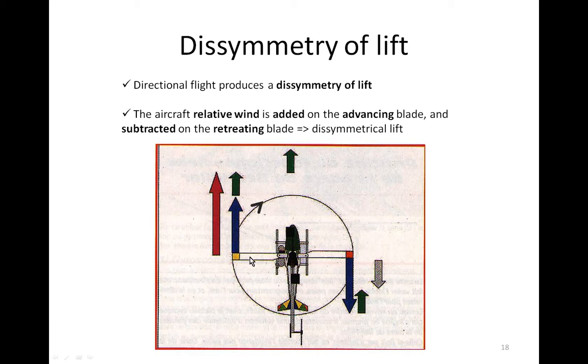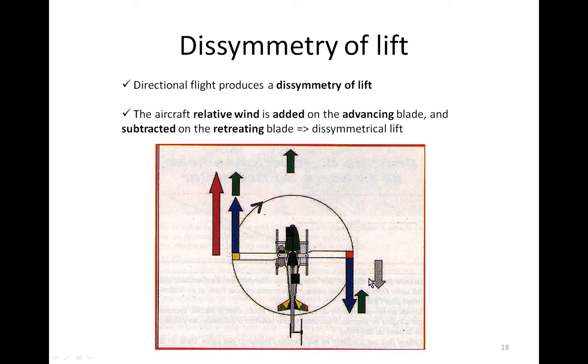On the left, the blade is moving in the same direction as the helicopter. This is the advancing blade. On the right, the blade goes in the opposite direction of the heli. This is the retreating blade.